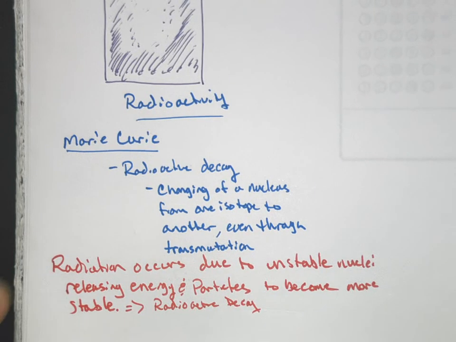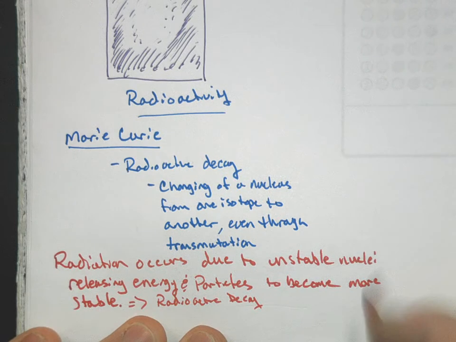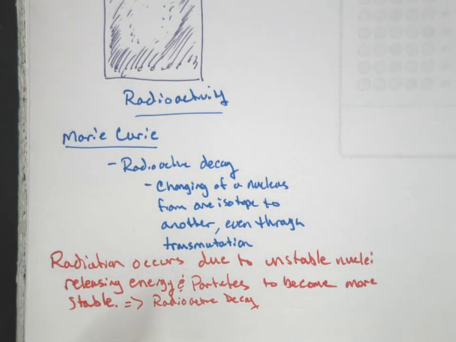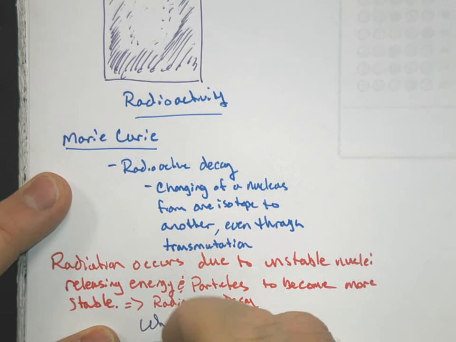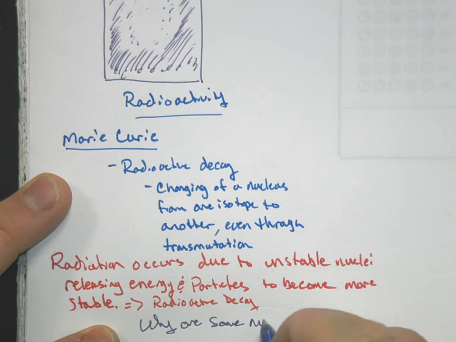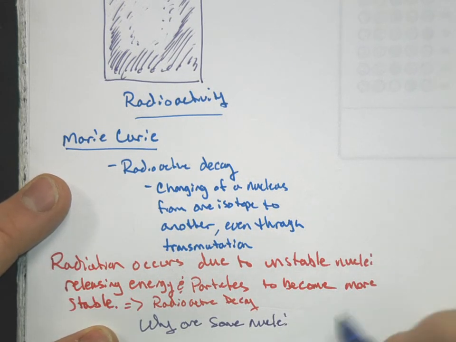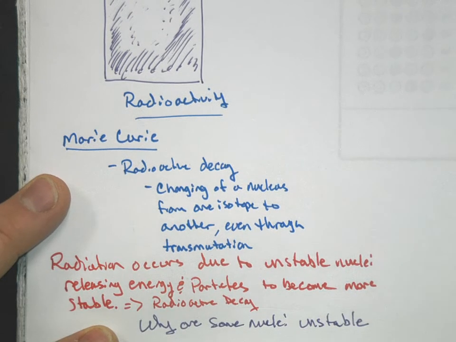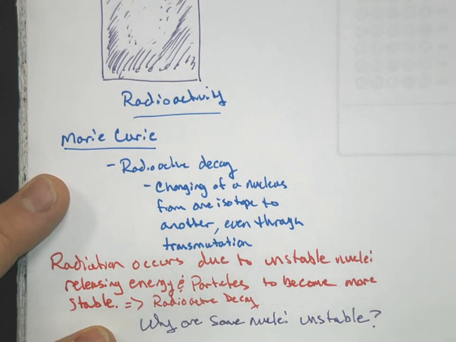Okay, so all right. To understand then, why do things become unstable? And that's the next question that we're going to answer here: why are some nuclei, N-U-C-L-E-I, remember, unstable?